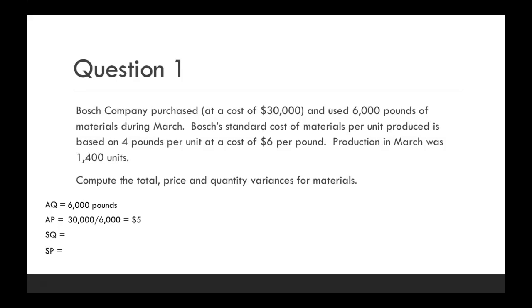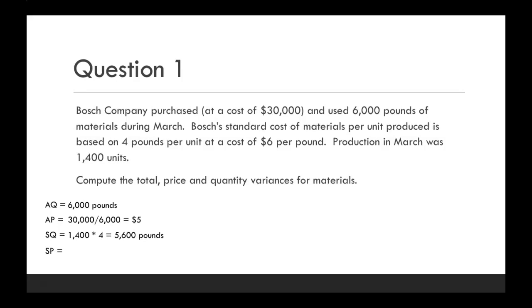Now standard quantity, SQ, this one can be a little bit tricky. What we're going to do here is take the number of units that we produced, the 1,400 units, and multiply it by our standard 4 pounds per unit.